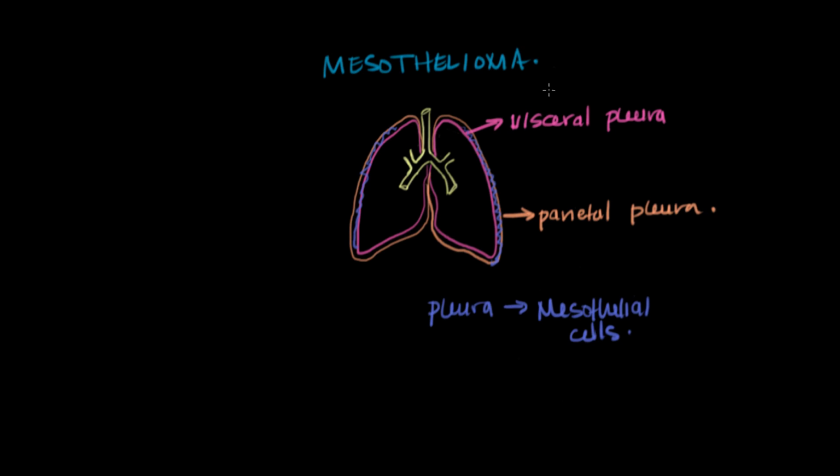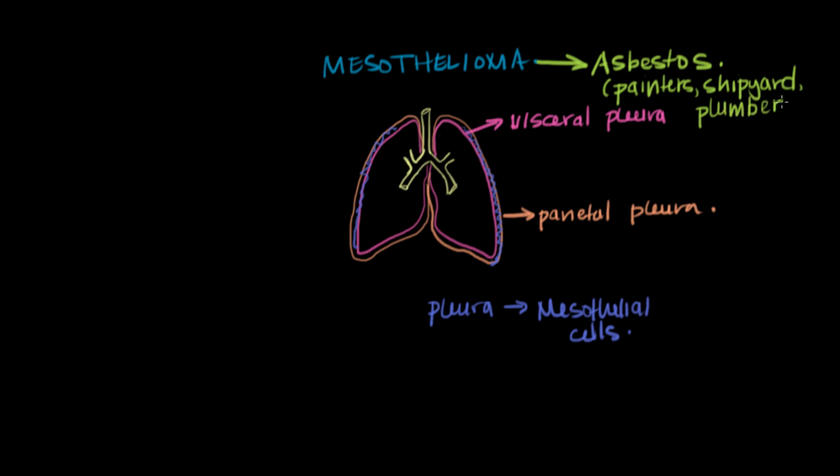And the reason why we consider it an occupational lung disease is because mesothelioma is related to asbestos exposure. Asbestos exposure occurs with many types of occupations, such as painters. Painters can be exposed to asbestos, as can shipyard workers and also those in plumbing.